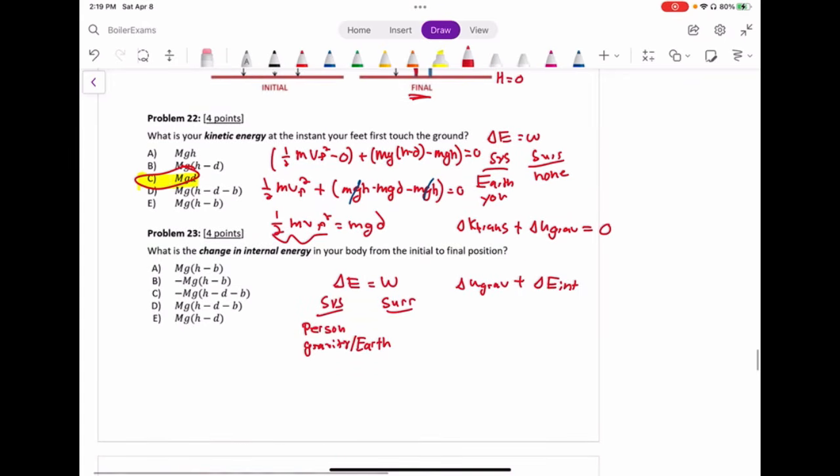Whenever you have moving parts like that in your system, mainly human limbs, you're going to have an internal energy change. And I put nothing in the surroundings, so 0. So we just have to find this term and make it equal to the negative of the internal energy.